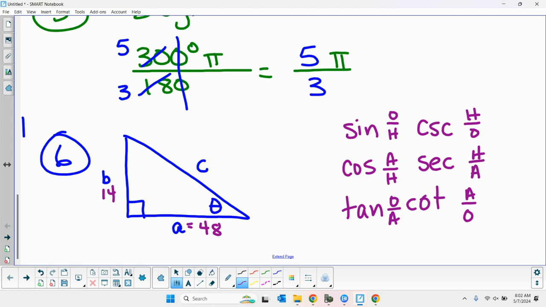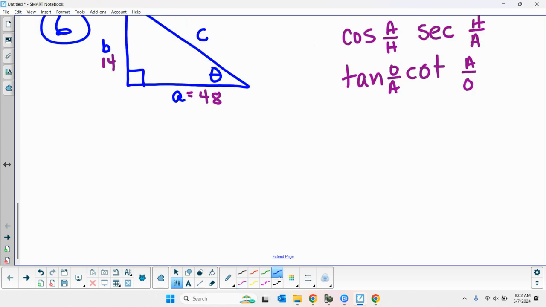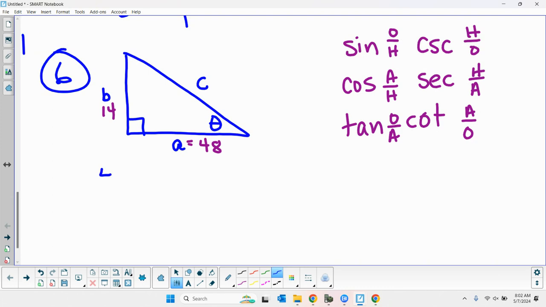So how do I find the hypotenuse if I have a right triangle? Yeah, Pythagorean theorem, right? A squared plus B squared equals C squared. So I have to figure out C by doing that. So I got to go A squared plus B squared equals C squared.